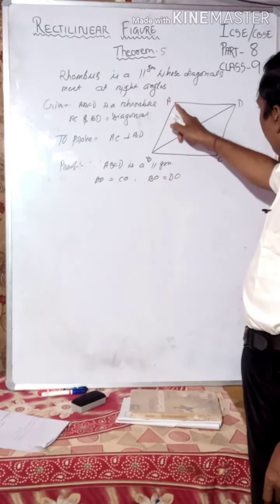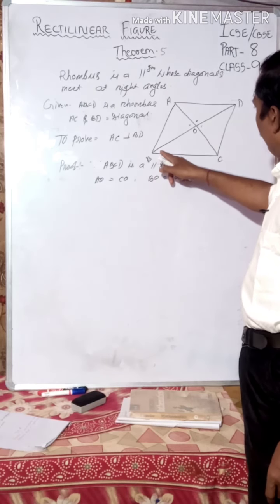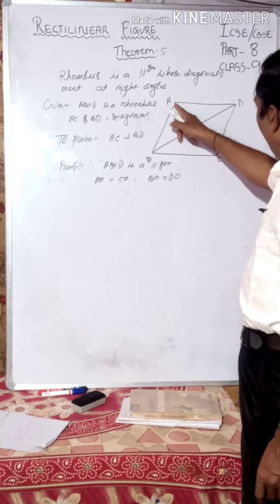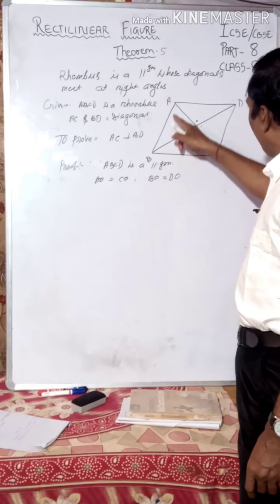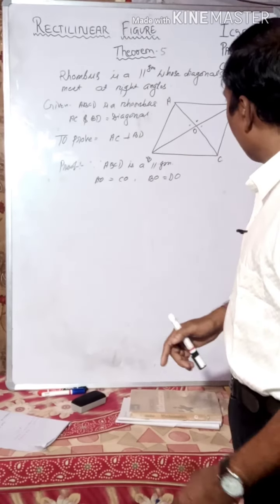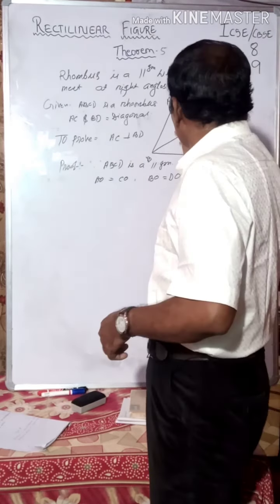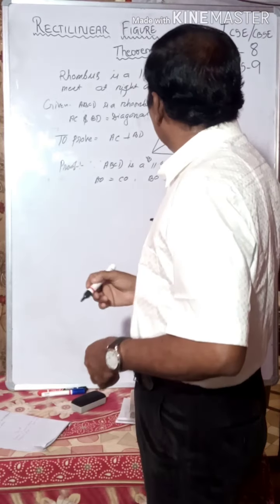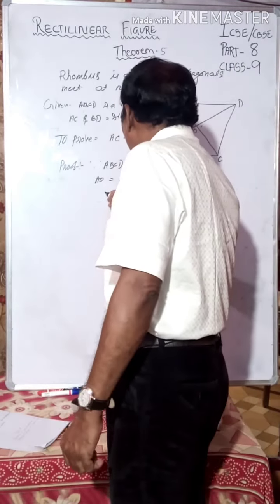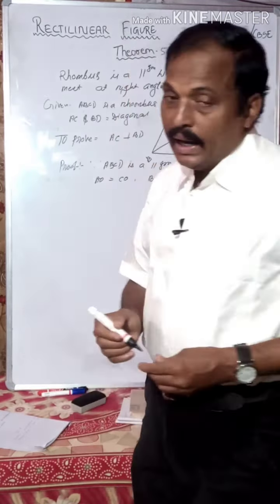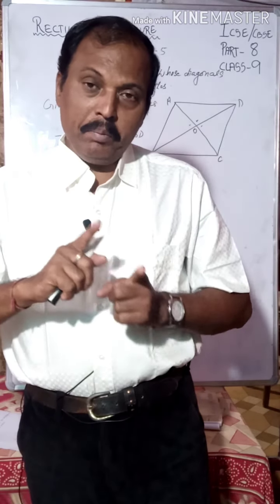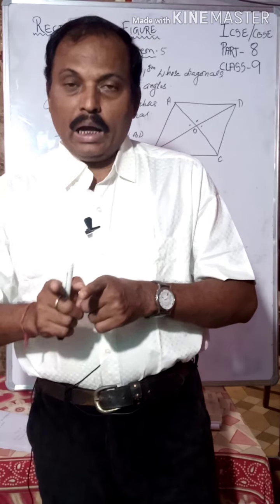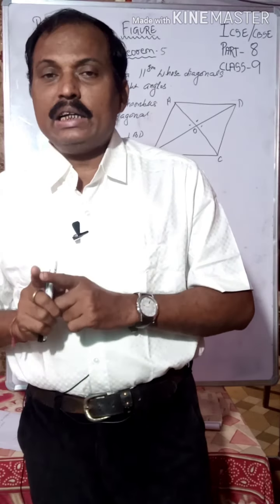Another thing, if a parallelogram is changed into rhombus, the minimum definition of rhombus according to parallelogram is that the adjacent sides are equal.